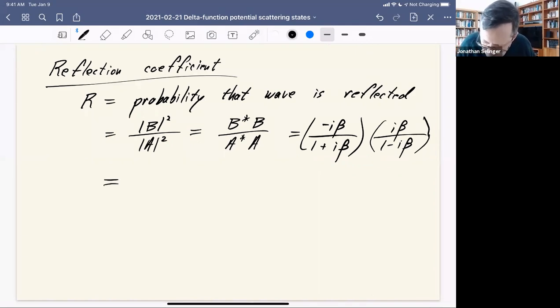So R is beta squared over (1 plus beta squared). Okay, and then there's also a transmission coefficient.